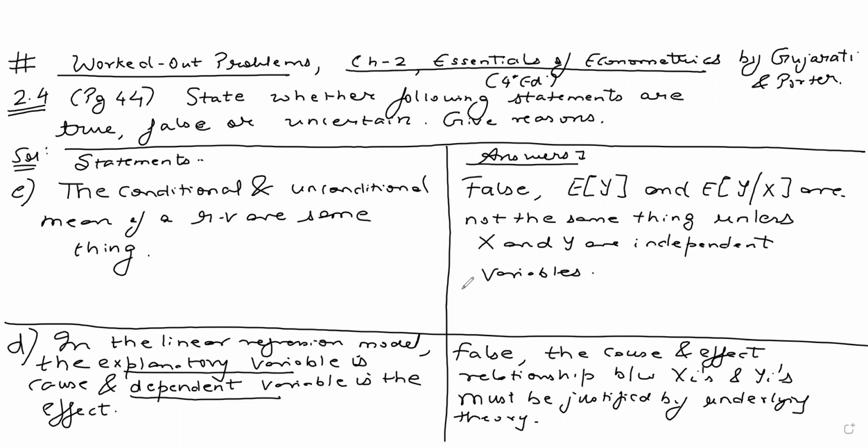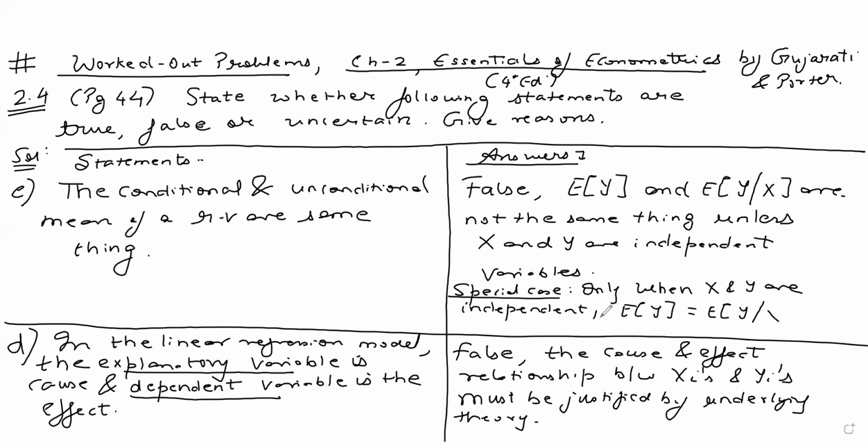So only when x and y are independent, as a special case, can I say that the expected value of y is exactly equal to the expected value of y conditional on x. But in the normal course, when x and y are not independent, when they are dependent on each other in some way, maybe linear, maybe non-linear, this is the unconditional expected value of y, this is the conditional expected value of y, and they are not the same thing. They are not equal. They will be equal only when x and y are independent. So it's a false statement.